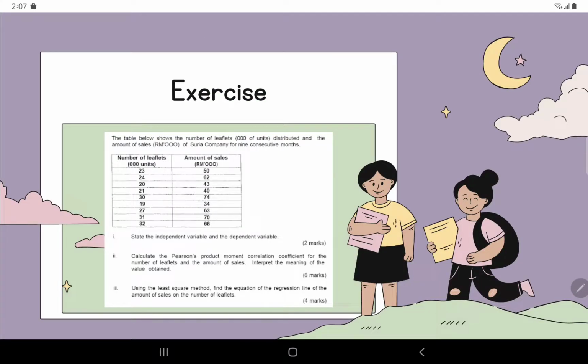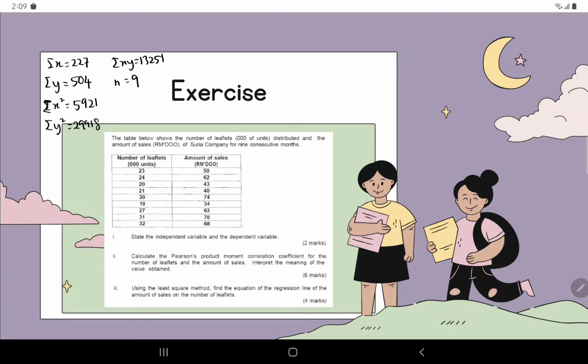Okay, sorry. Based on last week's lecture video, our total of x is 227, total of y is this value, this is total of x square, total of y square, and total of xy. Our n is 9.